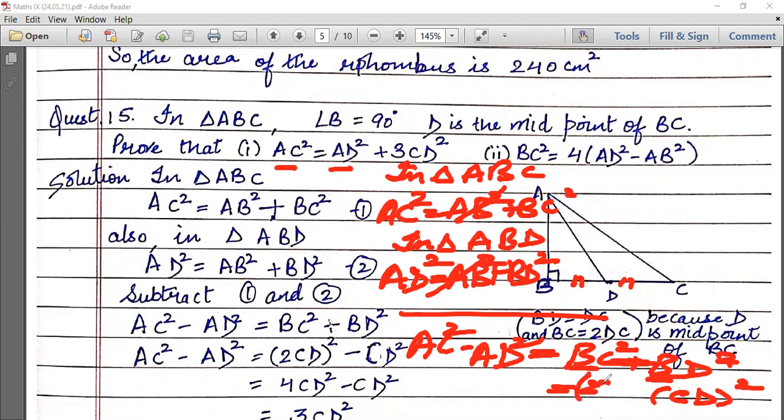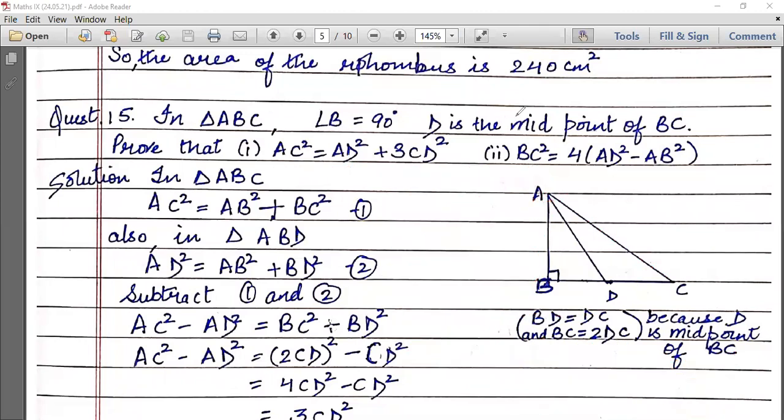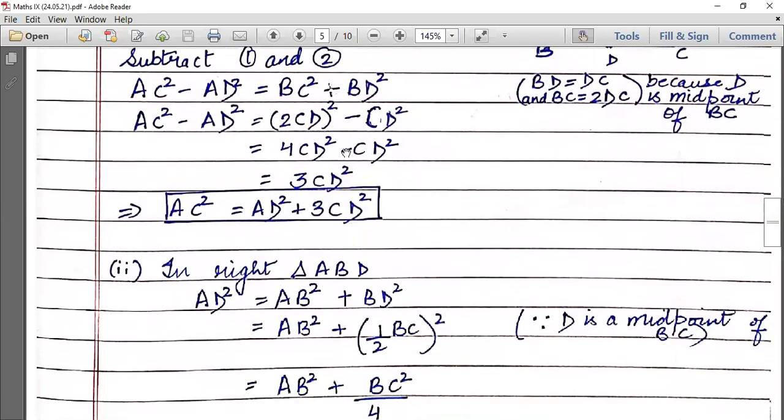So it will become twice CD whole square. Now you will get 4CD square minus CD square, so the answer is 3CD square. It means AC square minus AD square is equal to 3CD square. So finally, you will get AC square as AD square plus 3CD square.